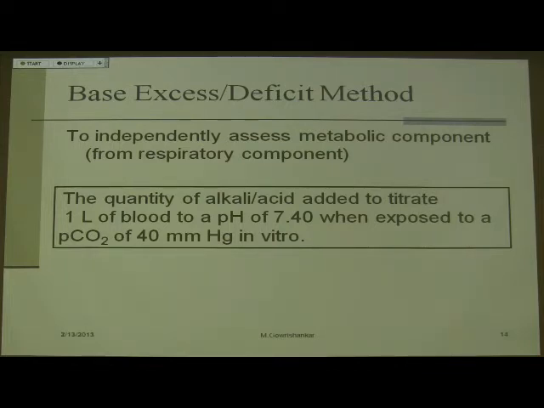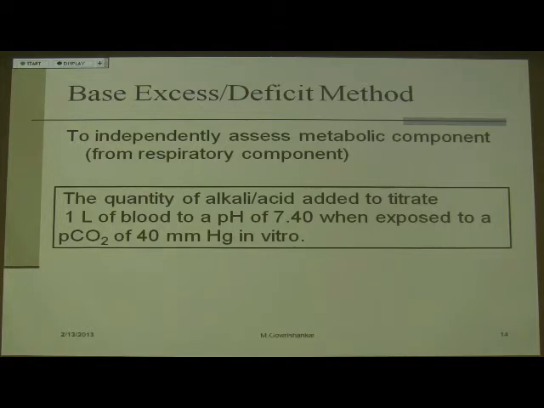But what they don't realize is that this base excess is only good in acute situation, and I'll show you in the next slide what I mean by that. So what some very clever people did was they took the blood out of the body and they said, okay, if I expose this blood to a PCO2 of 40 to maintain a pH of 7.4, which is normal in the blood, how much base do I have to add or take away from this blood?